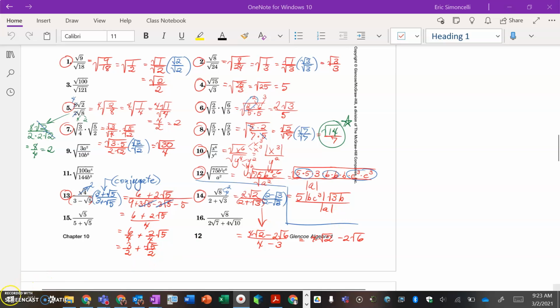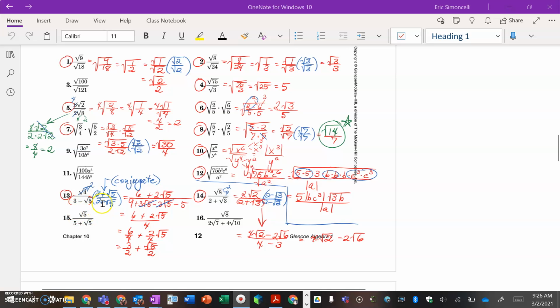Let's continue. So in number 13, what we see is root 4 over 3 minus root 5. So we're going to go ahead and incorporate something called a conjugate. Now you have not yet seen this, but please take a look. A conjugate looks very much like what you see in the denominator, 3 minus root 5, but what? 3 plus. Why is it 3 plus root 5?